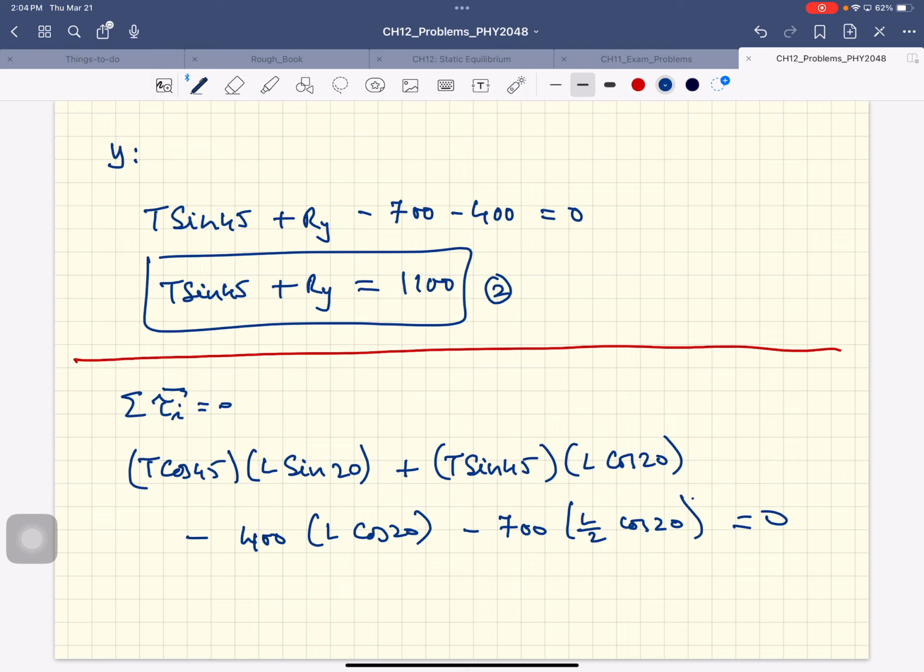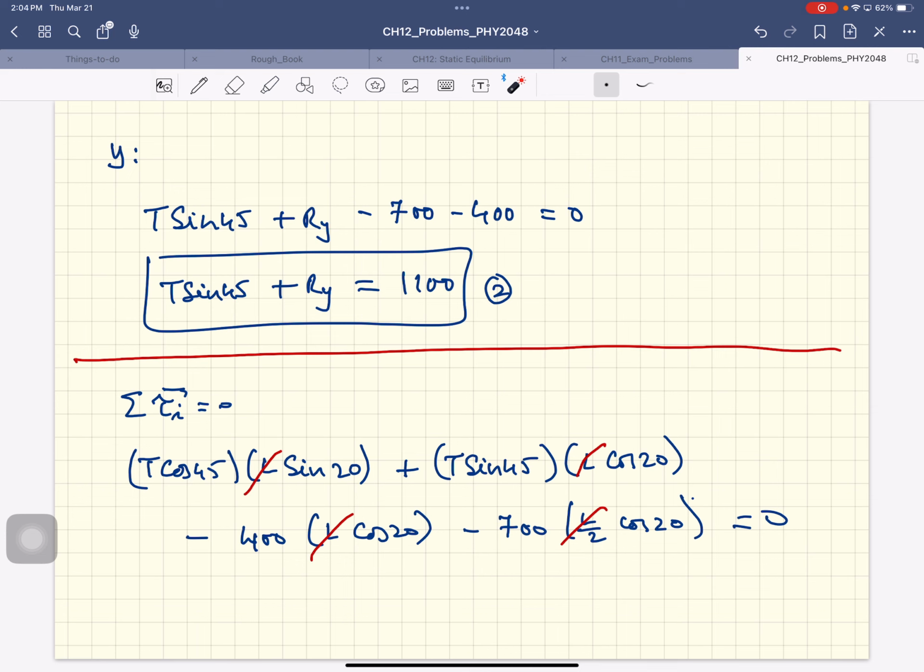And notice they didn't give the L in the problem. Here's why they didn't give the L in the problem. Here's the beauty of this. This equation you could write only in terms of T, and now you can solve for T. Once you have T, you can solve for Rx and Ry.